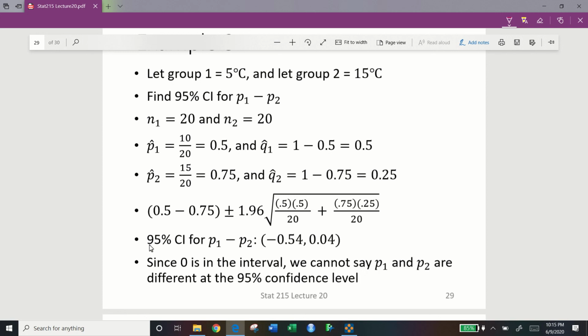P1 hat will be 0.5, Q1 hat will be 1 minus 0.5, or also 0.5. P2 hat will be 15 over 20, which will be 0.75, and Q2 hat will be 1 minus 0.75, which will equal 0.25. At this point, we have all the relevant information to calculate our confidence interval.